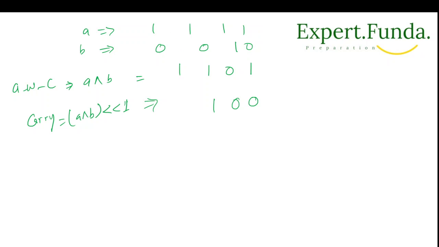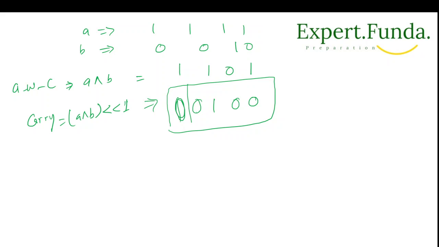Next time, 1 and 0, and we already have carry 1. If one more comes, it becomes 0, correct? And for the final position, we don't have any carry now, so it becomes 0 only, okay? So this will become our carry.